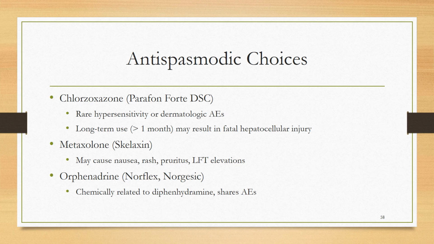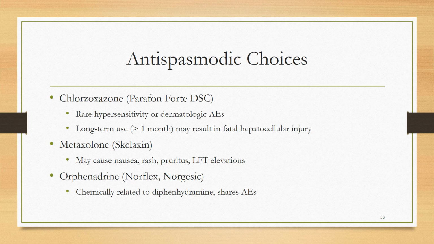And then we have some other antispasmodics. And we do see some rare hypersensitivity and dermatologic adverse effects. We really don't want to use these long term because they can cause some fatal hepatocellular injury.